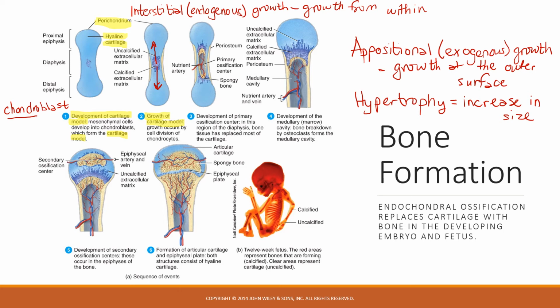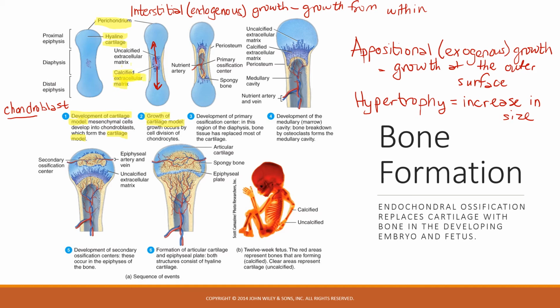Once these chondrocytes are going through hypertrophy in the middle, the surrounding extracellular matrix begins to calcify. And you can see this right here, this calcified extracellular matrix, that calcification starts in the middle.